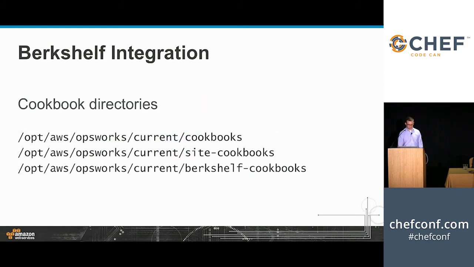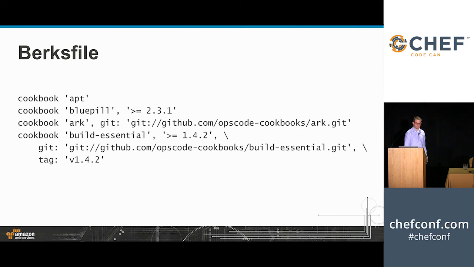That means that you can have 3 different cookbooks that are being run. There are the built-in cookbooks. There are the site cookbooks, so your custom cookbooks that you bring and tell us to use from a Git URL or SVN repository, or that you put somewhere in S3, for example. And then the Berkshelf cookbooks that are being pulled down from your Berksfile.